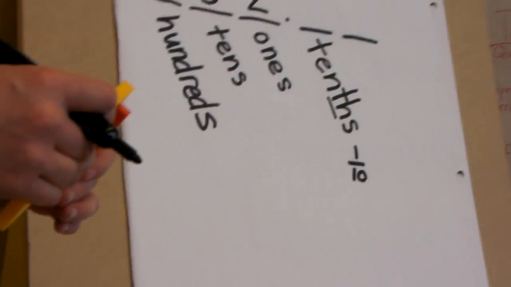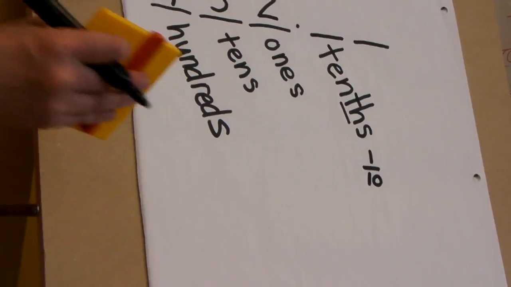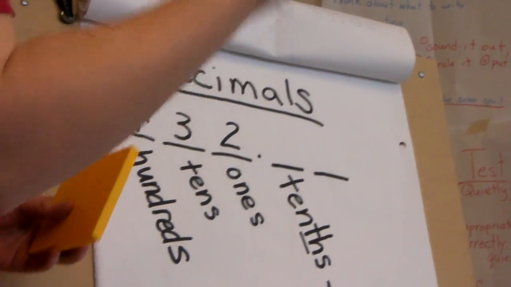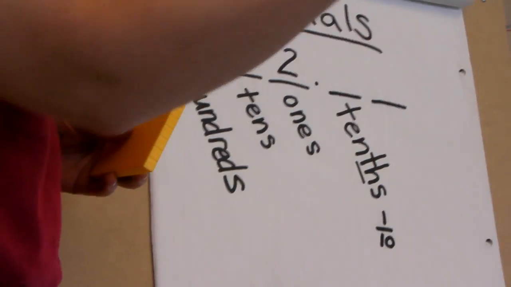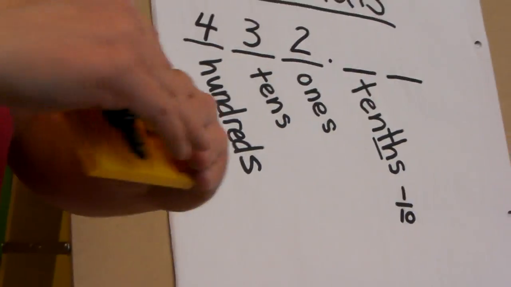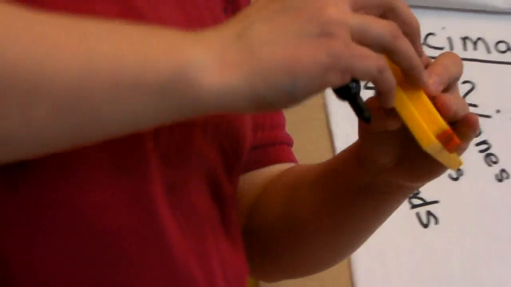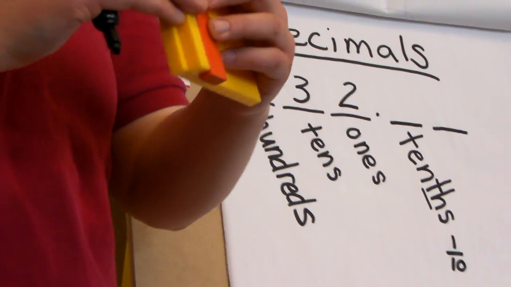That's where we get that. You've probably heard of 1/10 before. And if I have more than 1 in this place, it would be that number. 2/10, 3/10, 4/10, 5/10. And you can see what that looks like here, if you want to compare it. How many tenths do I have here?